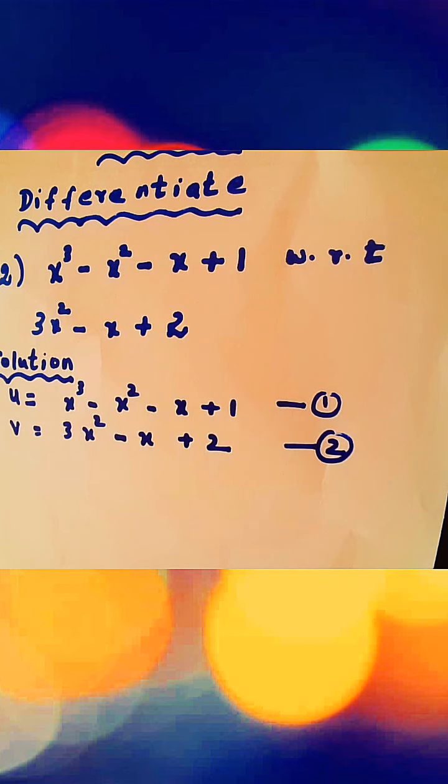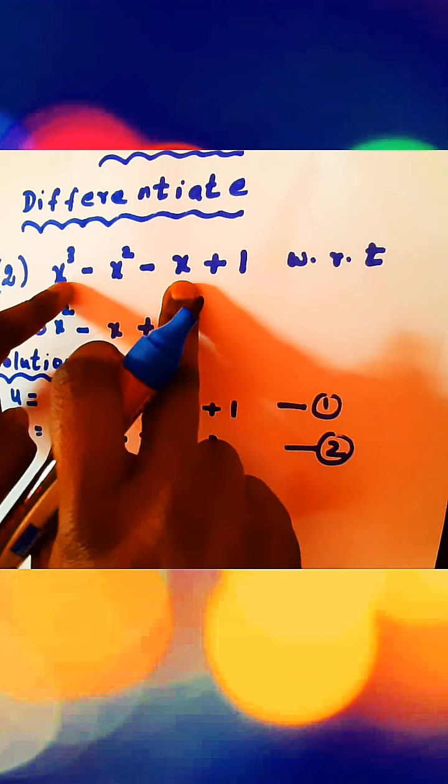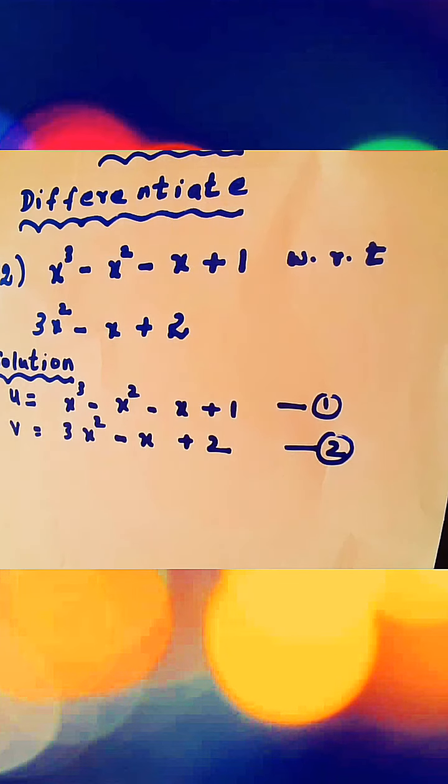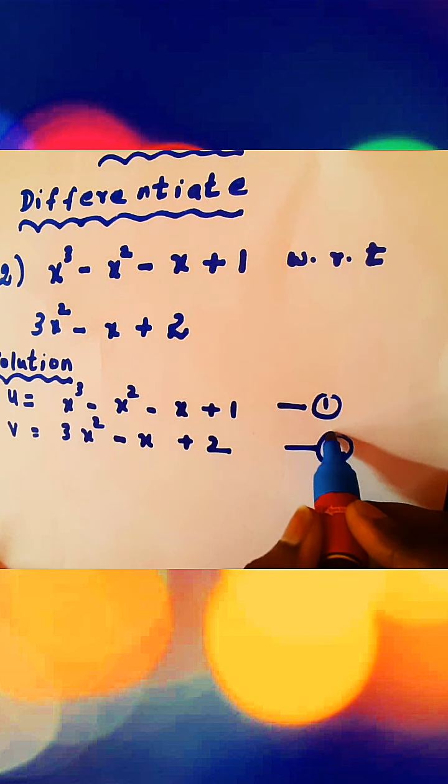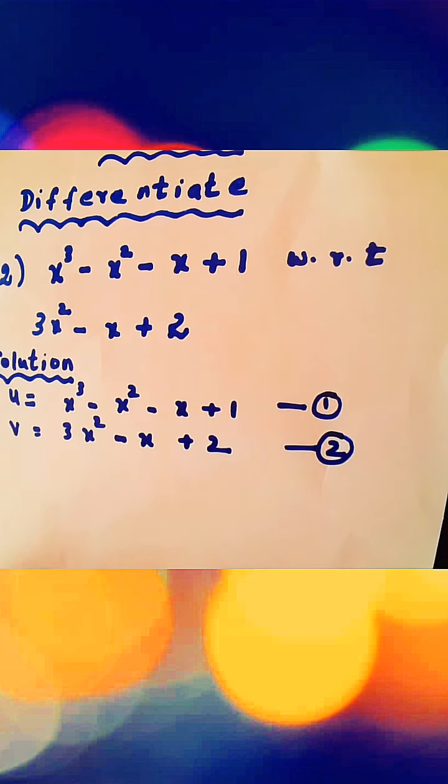So this problem is of the form differentiation of one function with respect to another function. That's why you have to have clarity, understand and visualize the problem, what problem it is and what rule to apply. Then only it's going to be easy and simple for you to solve.